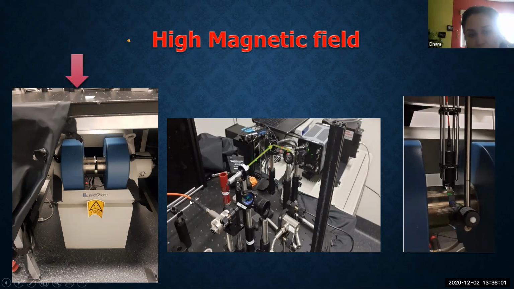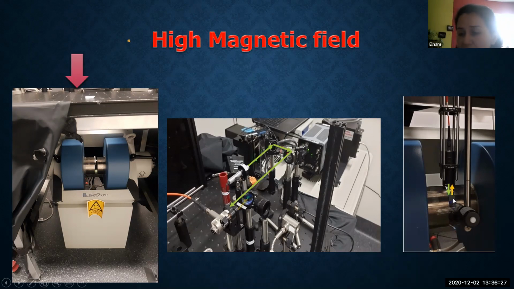If you look here, the excitation came from here, bounced through some optics, passed through a dichroic mirror, went to the fiber optical cable, and then on the right side you see that it goes down to here and hits our sample.